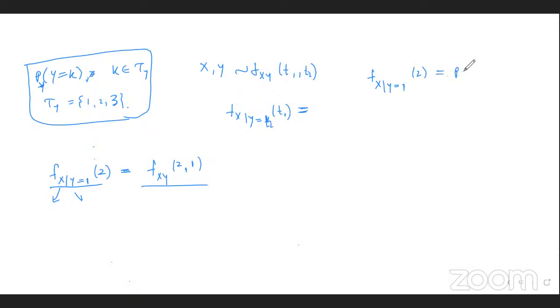It means the probability that x equals 2 given y equals 1. This is a conditional probability. Given y, you have to find the probability of x equals 2. So what is the general formula for conditional? It is generally joint by marginal, right?